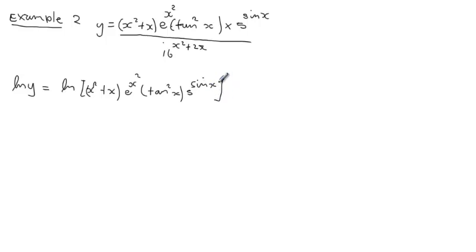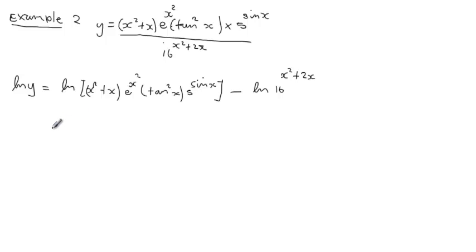That's ln of the numerator. According to the properties of ln, I will say minus ln of 16 to the power x squared plus 2x. It is clear that that whole quadratic expression is a power of 16, but when I start applying the properties of ln on both sides, I must use brackets around that altogether. Otherwise, it's going to have a different meaning.